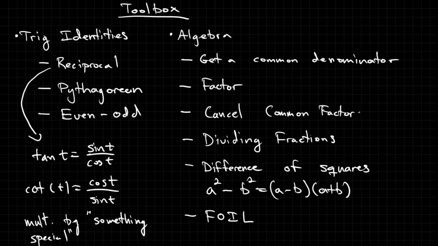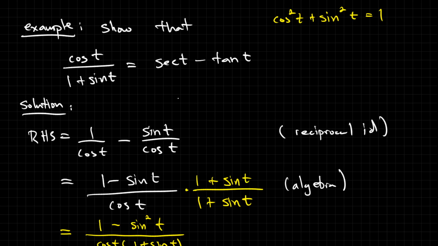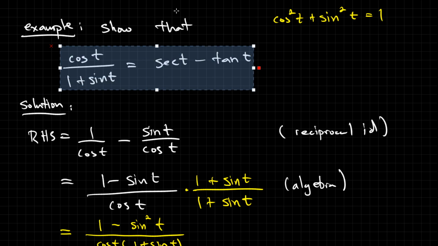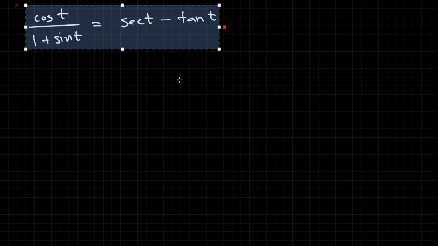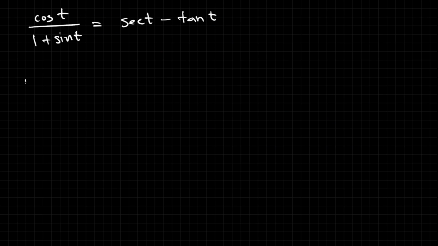Now that we know how to do that, we can actually tackle this problem in a different way. So let's go ahead, copy it. And now I'm going to start with the left-hand side, which is cosine t over 1 plus sine t. And I see this 1 plus sine t in the denominator. I'm going to multiply by 1 minus sine t over 1 minus sine t.